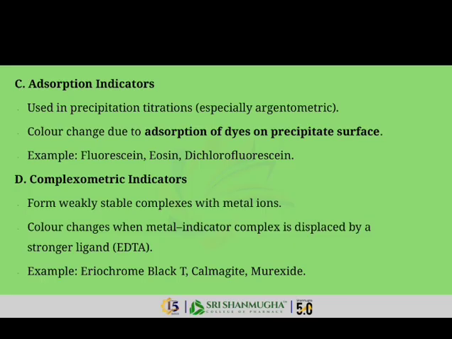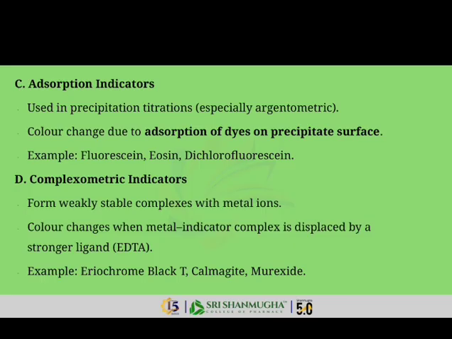Next, adsorption indicators. They are used in precipitation titration, especially in argentometric titration. The color changes due to the adsorption of dyes on the precipitate surface. Example, fluorescein, eosin, dichlorofluorescein.